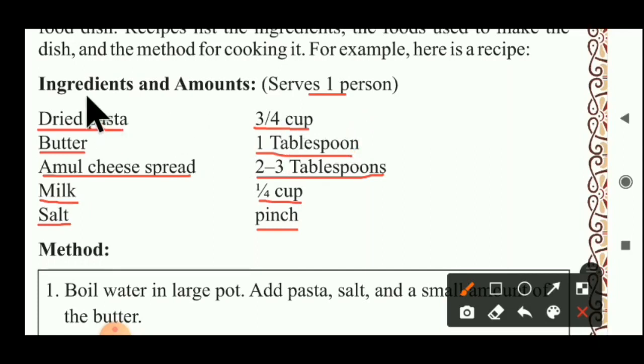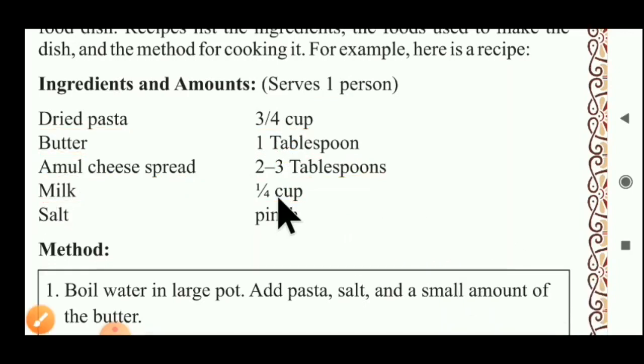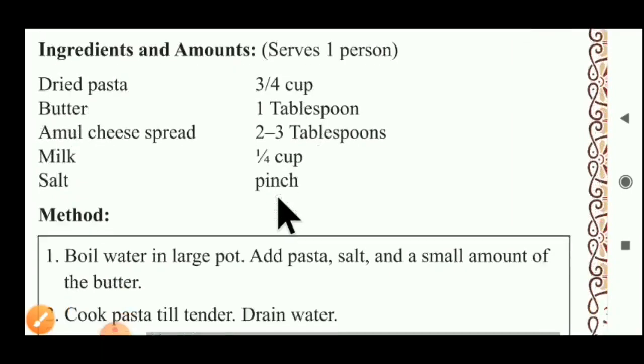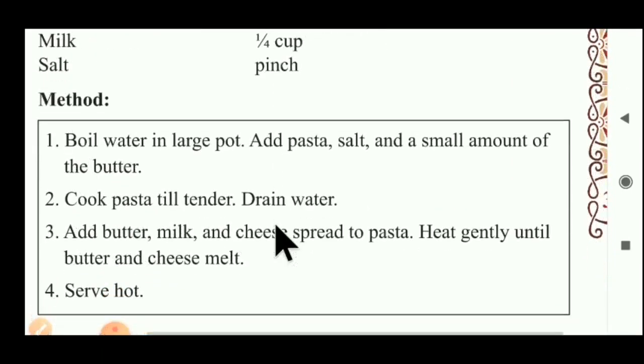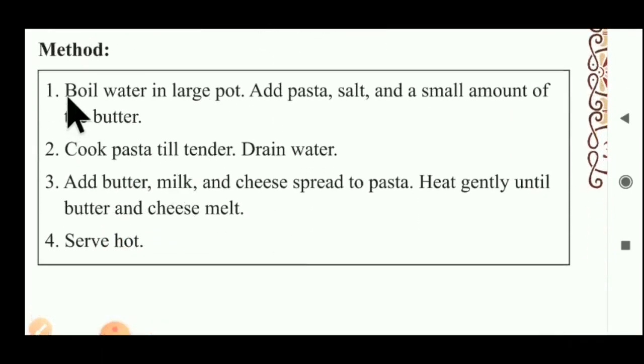So ingredients and amounts are given here. Ingredients are given on that side and amounts are given on the opposite side. Now the next thing is the method, how to use those ingredients and amounts and make pasta. Here the method is given, we have to study it.